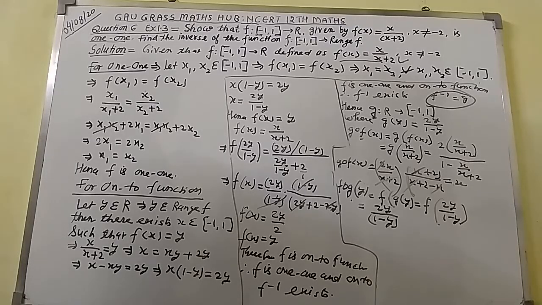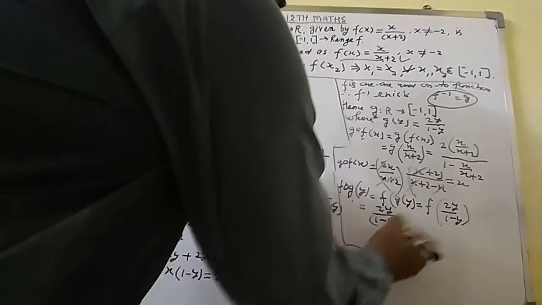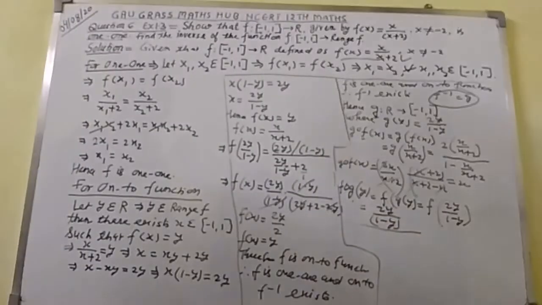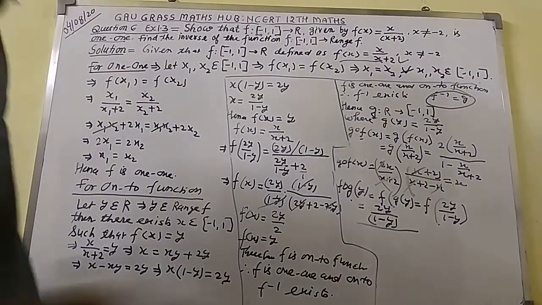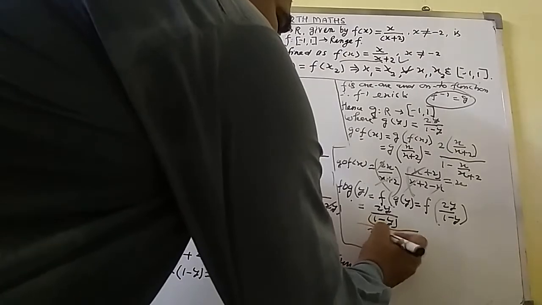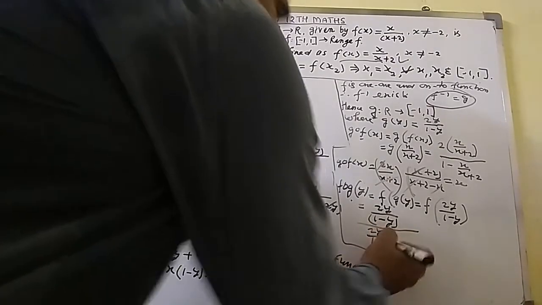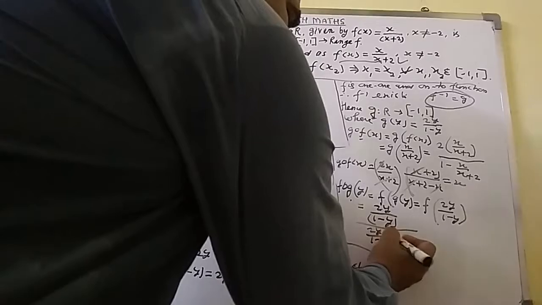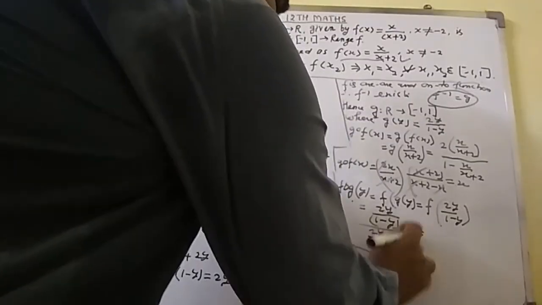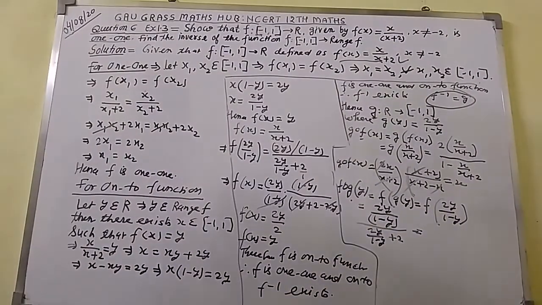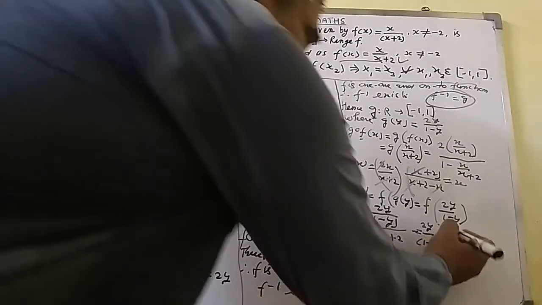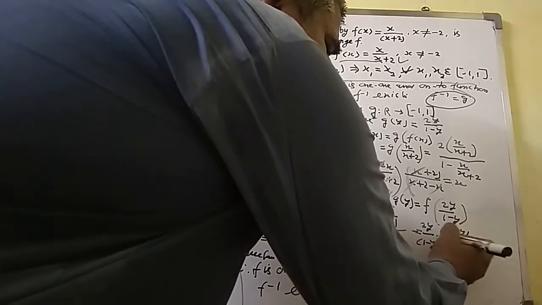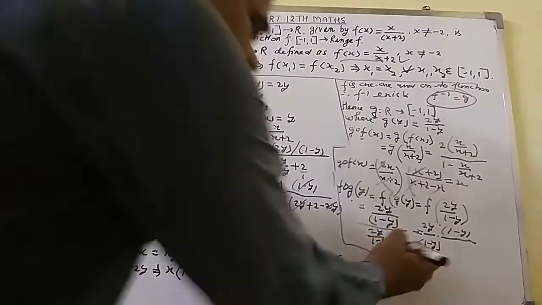Again, whole over x over x plus 2, with the value of x here being 2y over 1 minus y, plus 2. So this will become 2y whole over 1 minus y, whole over 1 minus y, whole over this one becomes 1.